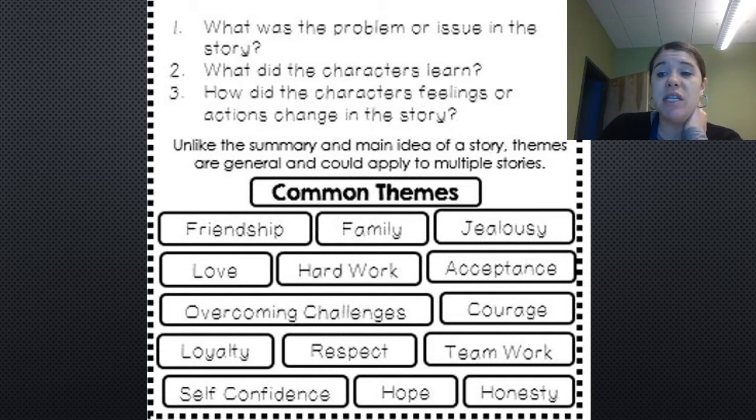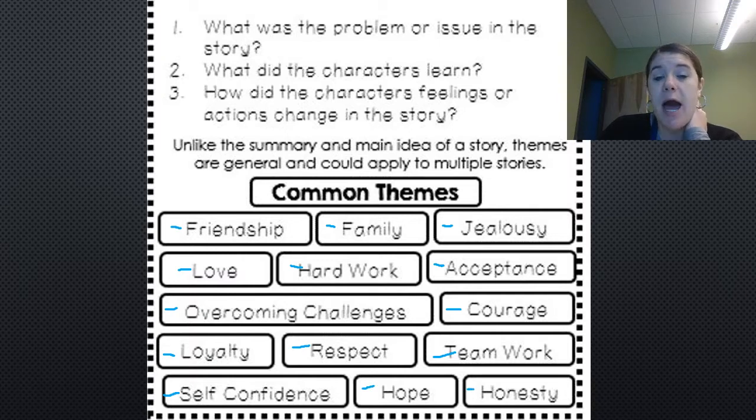And I'm sure you've seen different stories with different themes like this: friendship, family, jealousy, love, hard work, acceptance, overcoming challenges, having courage or displaying courage in some way, loyalty, respect, teamwork, confidence, specifically self-confidence, hope, honesty.